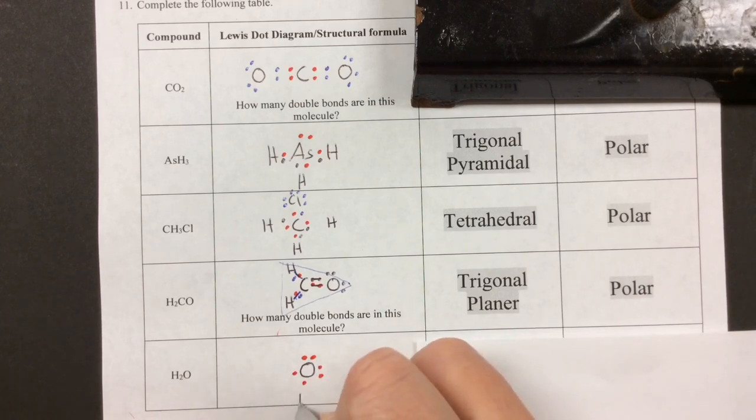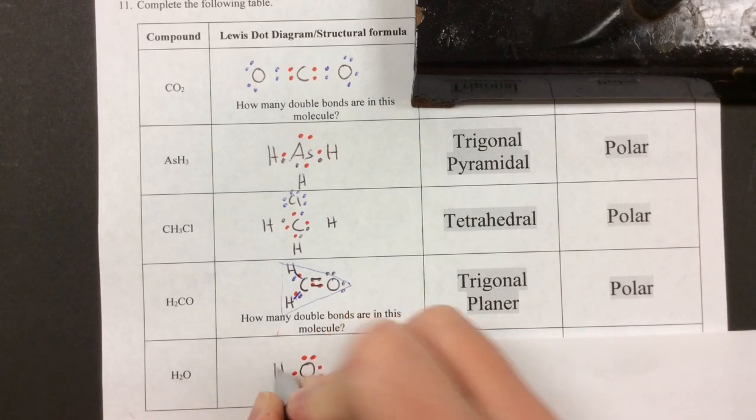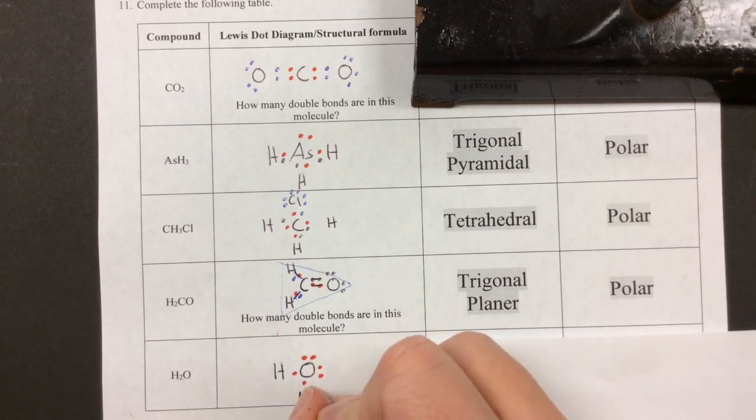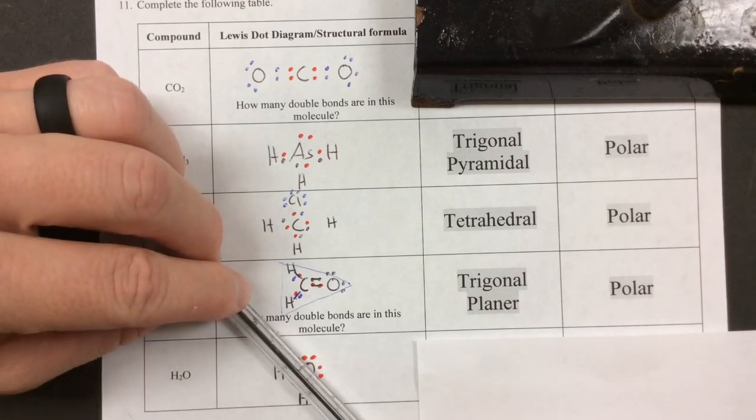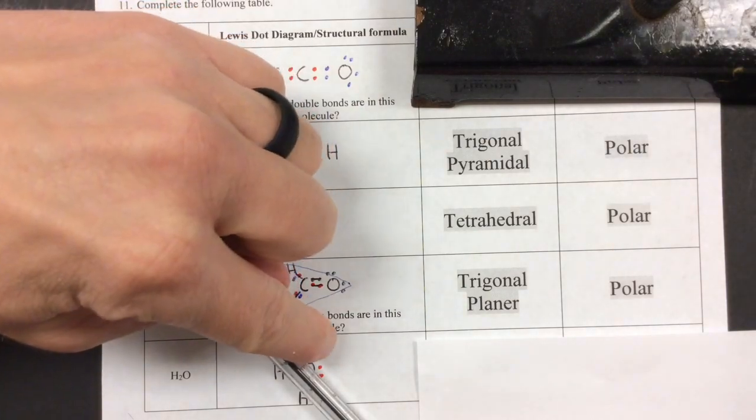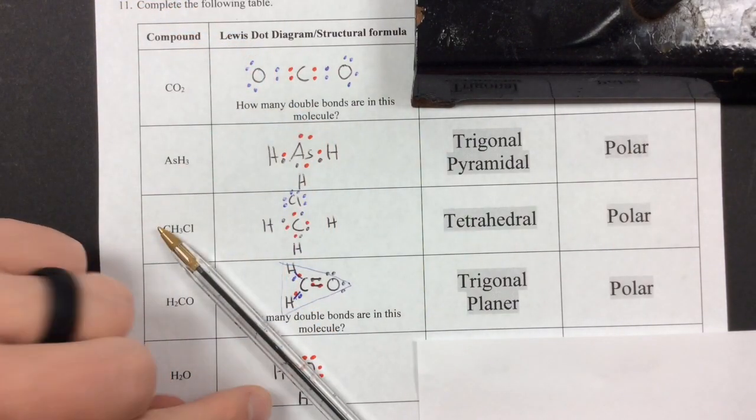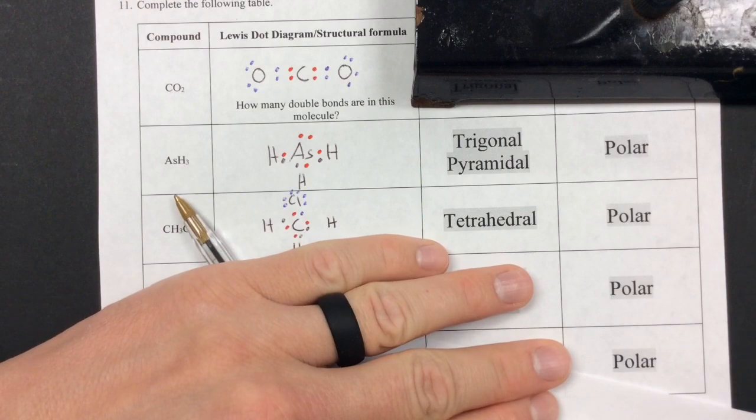The hydrogens would then be on the outside, and each one of them would have 1 valence electron. So the central atom has 8 valence electrons, so we cut our element in half, and you see that there's more electrons on this side of the compound than there is on this side. So that would be polar.